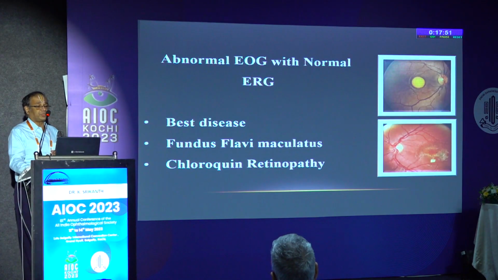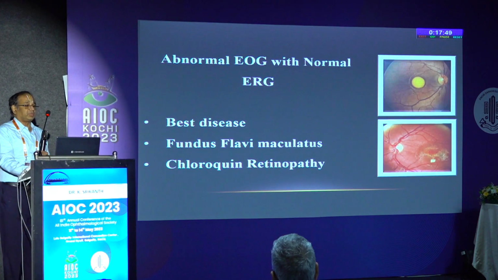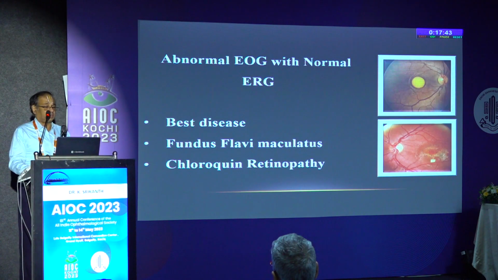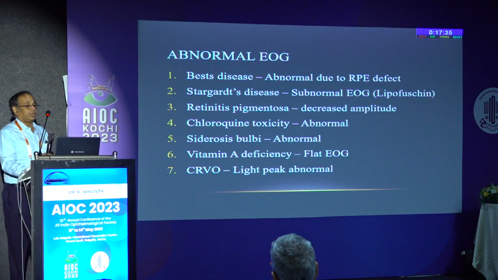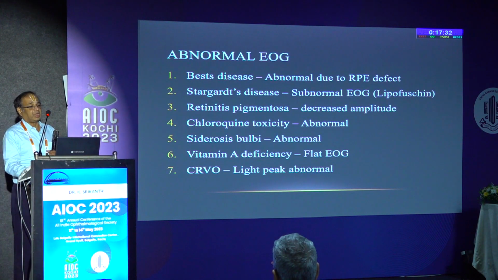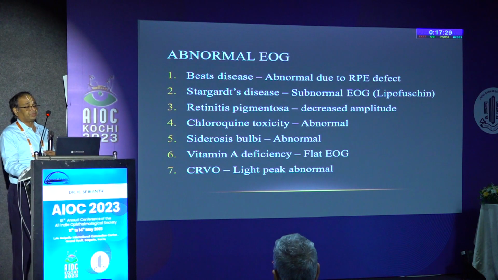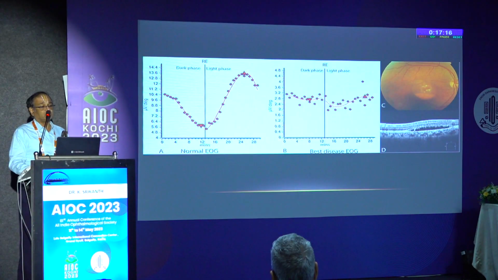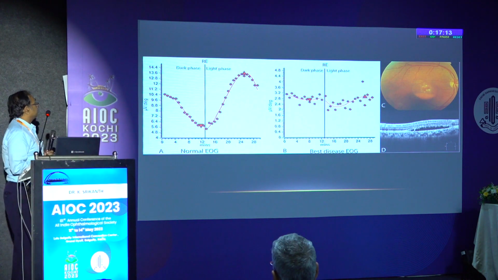These are a few diseases where there is an abnormal EOG with normal ERG: Best disease, fundus flavimaculatus, as sir told, also chloroquine retinopathy. Abnormal EOG you can see in Best disease, Stargardt's disease, retinitis pigmentosa, chloroquine toxicity, siderosis bulbi, and in vitamin A deficiency there may be a flat EOG, and in central retinal vein ischemic there will be an abnormal light peak. So these are the things which are seen.